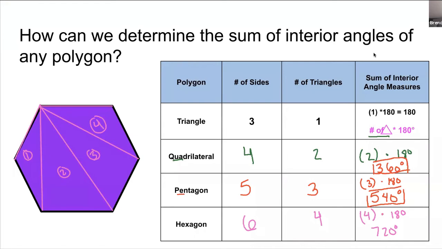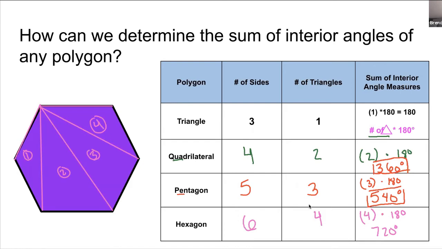So now, from looking at this information, look at the table, look at the number of sides, not so much the shape, because the shape already tells you by the number of sides, but also the number of triangles. I want you to look at it closely. If you want, pause this video and analyze our table.